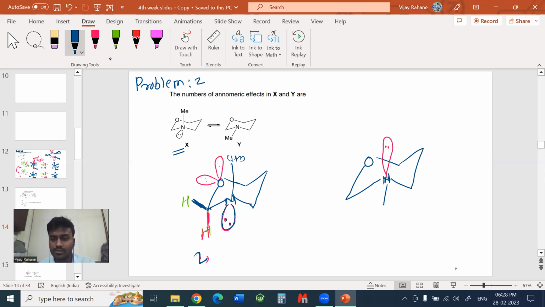So due to nitrogen there will be no anomeric effect, but due to oxygen, one anomeric effect is possible for this bond, right? So in this, one anomeric effect is there.